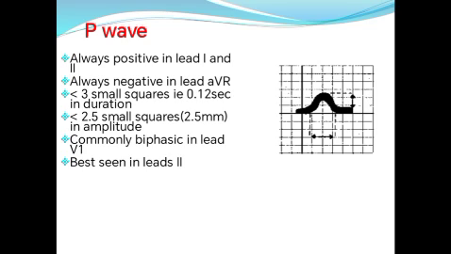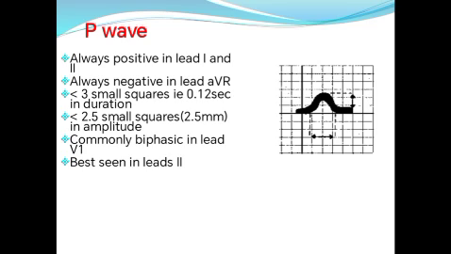It is always positive in lead 1 and lead 2. This is the normal. It is always negative in lead AVR. The duration is less than 3 small squares, as we said before, about the interval of the P wave 0.12 up to 0.20.